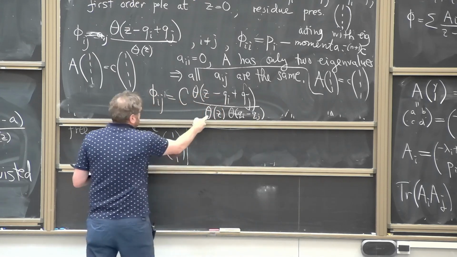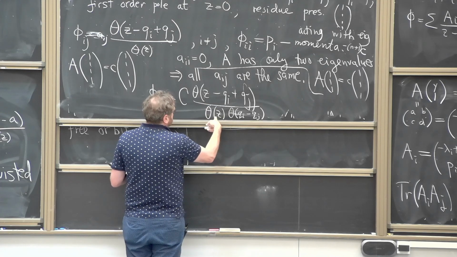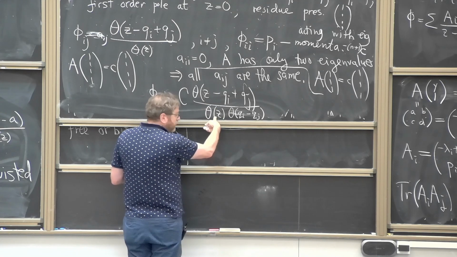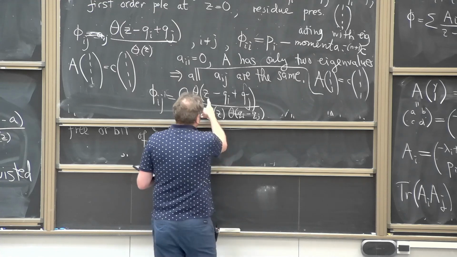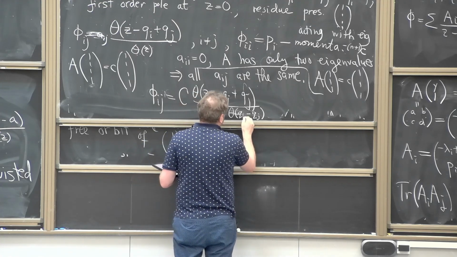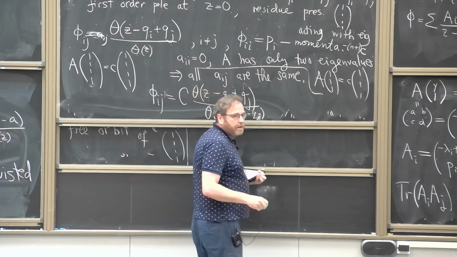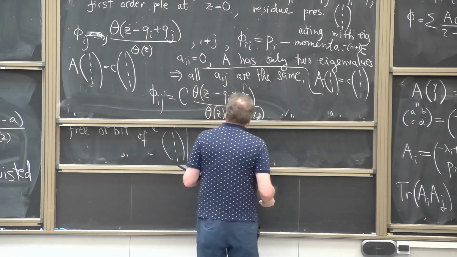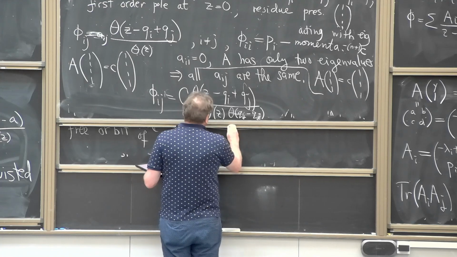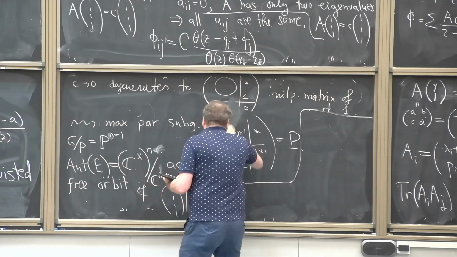And the residue at 0 of this thing is going to be, okay, you have to... This has derivative 1, and so I have to evaluate z at qj minus qi. Yeah, I don't normalize theta this way. Okay.